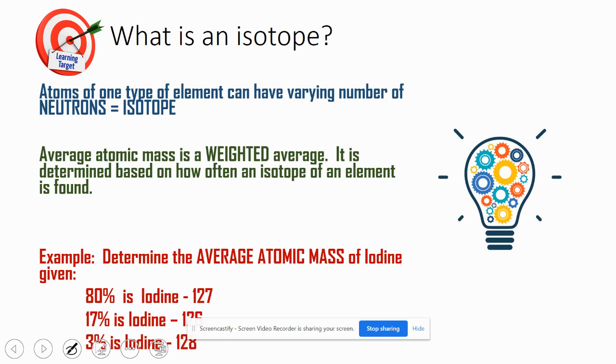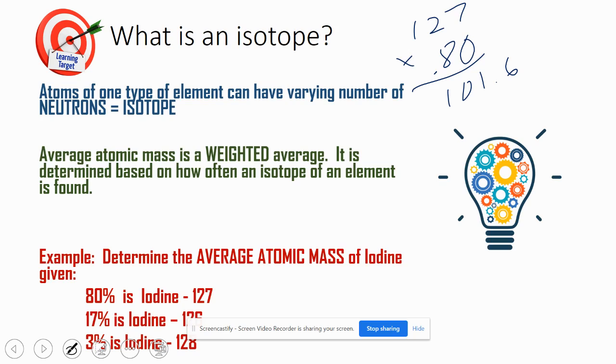So let's go ahead and try that. If 80% of the iodine is 127, we take 0.8 and we multiply that by 127. That's going to be our first one. We're going to get 101.6.